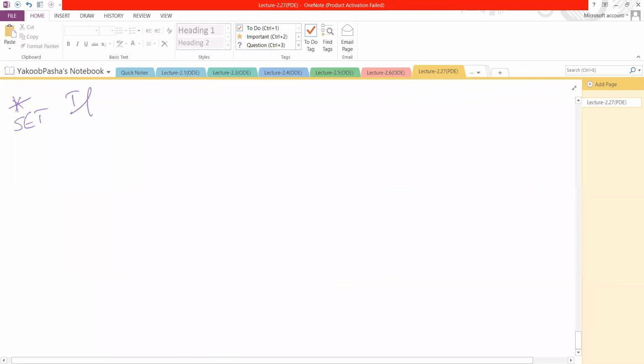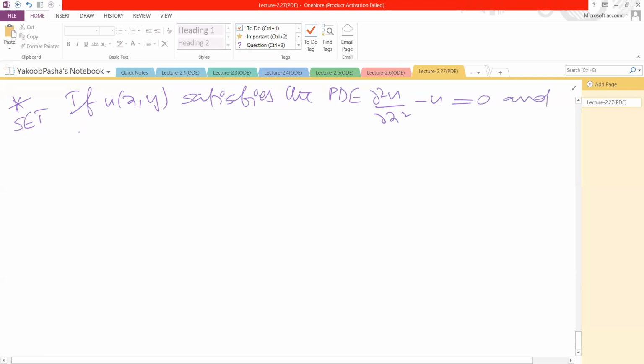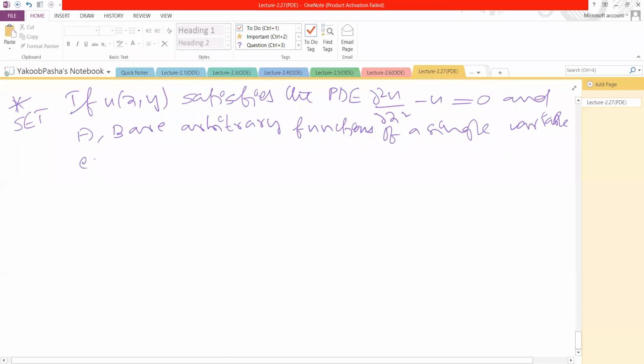If u of x comma y satisfies the partial differential equation PDE, dou square u by dou x square minus u is equal to 0, and capital A comma B are arbitrary functions of a single variable, either x or y. Then, okay, we have options.